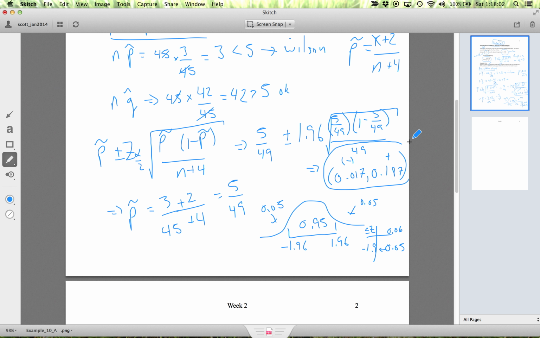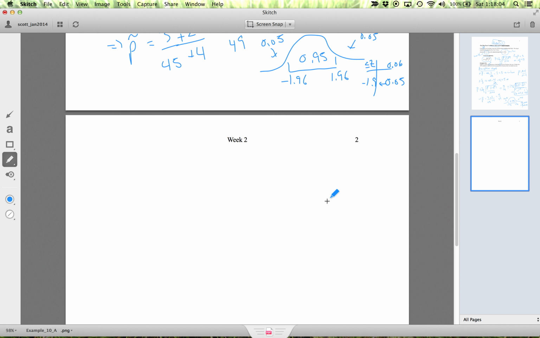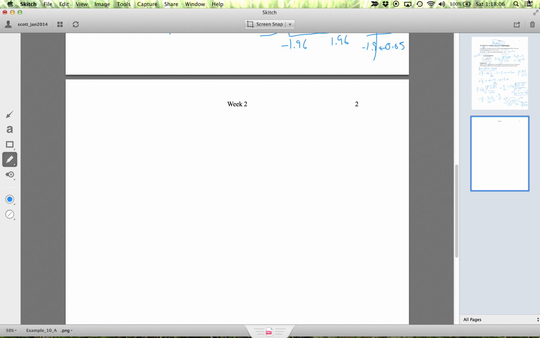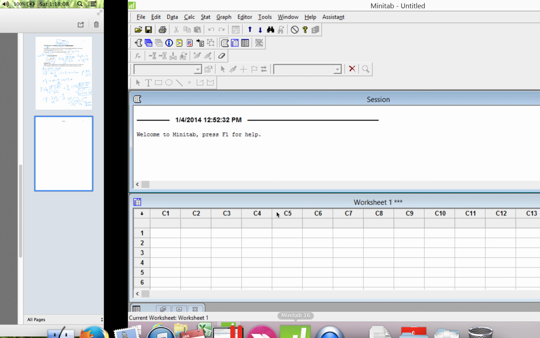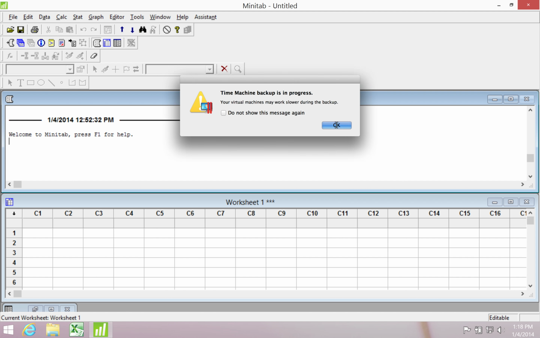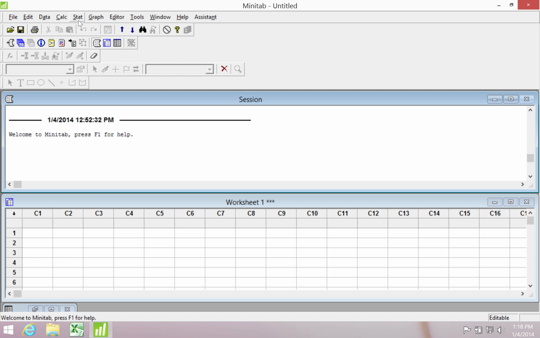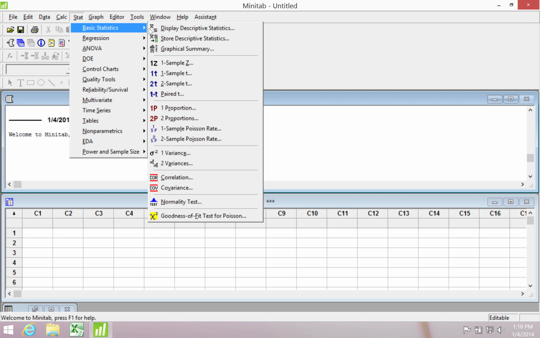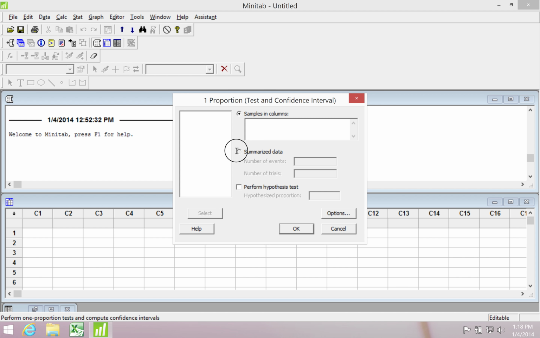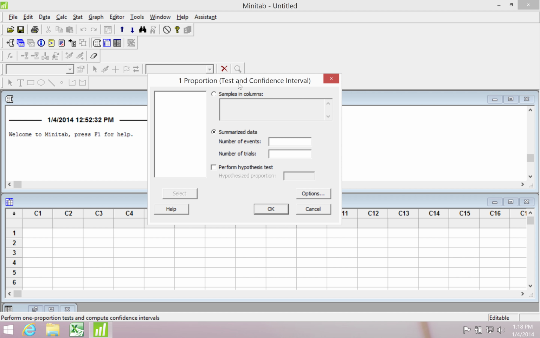All right, you could also do this with Minitab. Let me show you how to do that. For Minitab, we would go to Stat, Basic Statistics, 1 Proportion. In this case, we're using the Wilson, so we want to make sure that the number of events, the number of successes, is the number of successes plus 2.